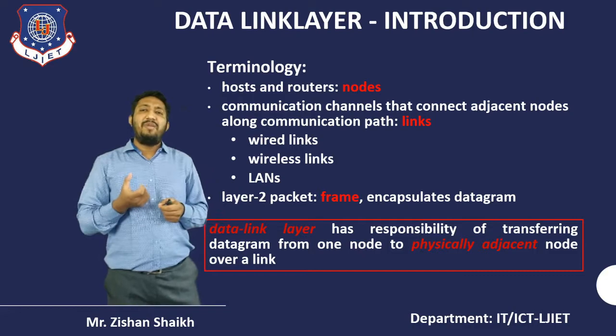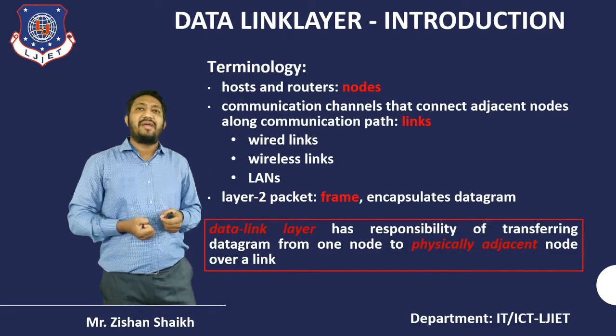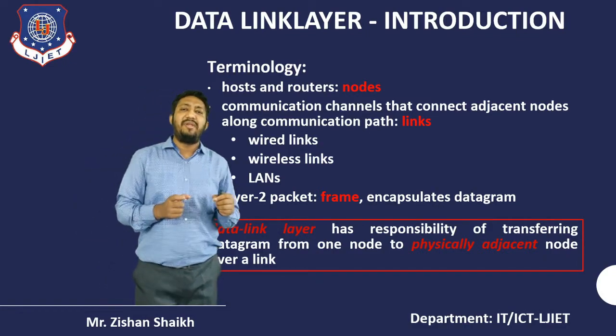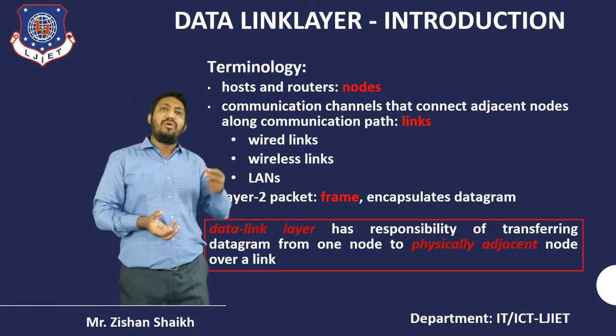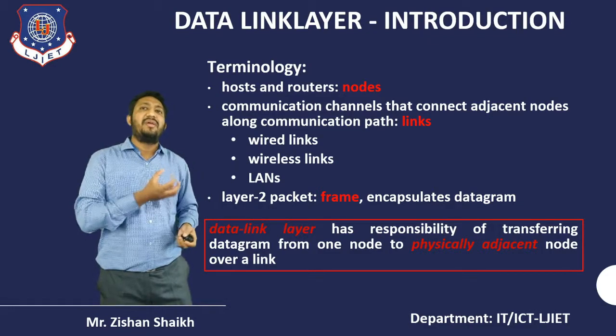The encapsulated data is known as a datagram. The data link layer has the responsibility of transferring the datagram from one node to adjacent nodes, from source to destination, using the links.